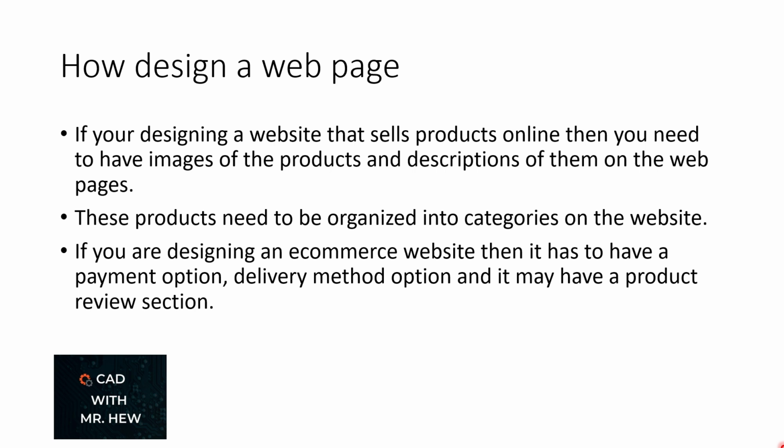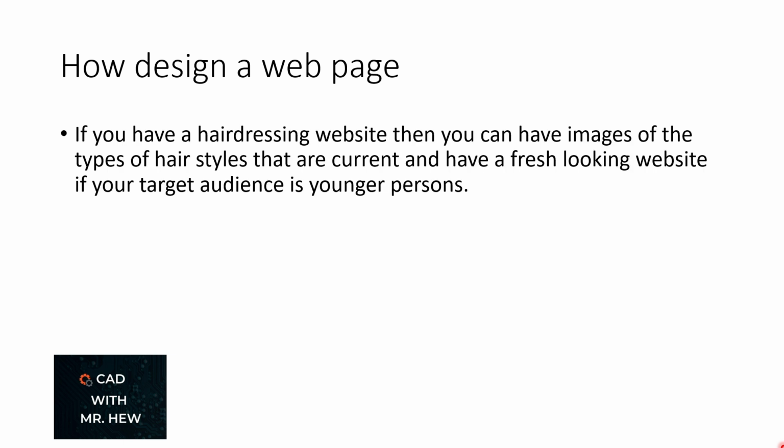These products need to be organized into categories on the website. If you are designing an e-commerce website, then it has to have a payment option, delivery option, and it may have a product review section.